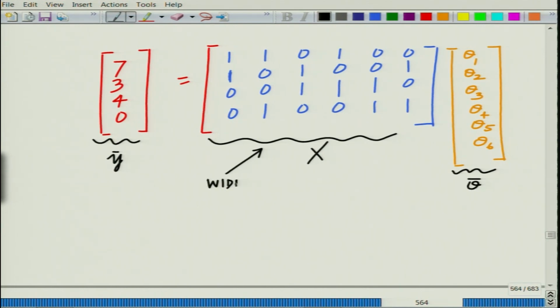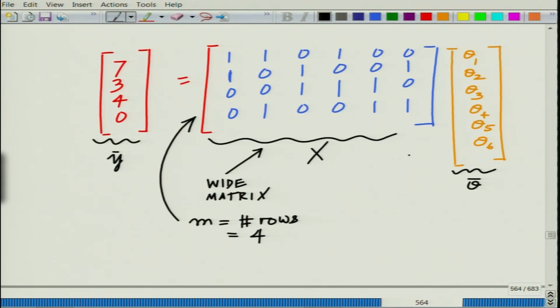this is what we are calling a wide matrix. You can see, because here you have m, which is equal to the number of rows, and this is equal to 4, and you have n, which is equal to the number of columns, this is 6.